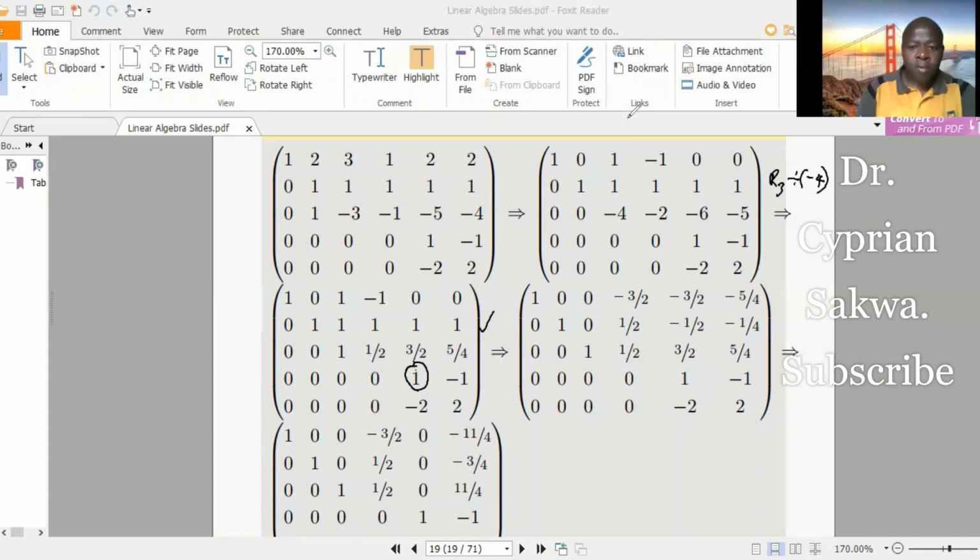Since it's already a 1, we multiply row 2. No, which row is that? 1, 2, 3, 4. Row 4 by 2 and add to row 5 to get a 0 in this position. So row 5 plus 2 row 4 gives us a 0 here.